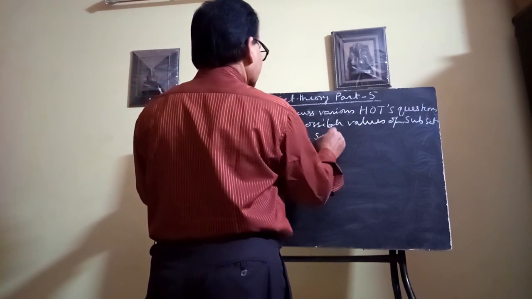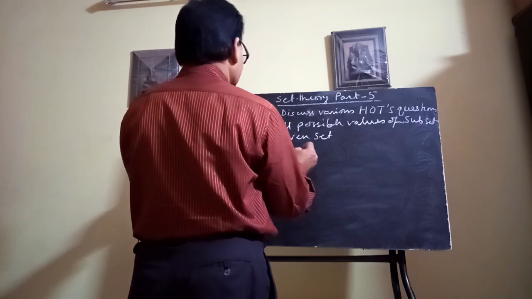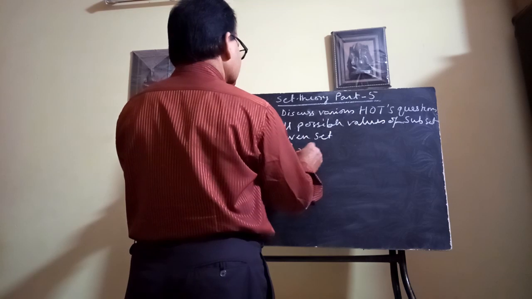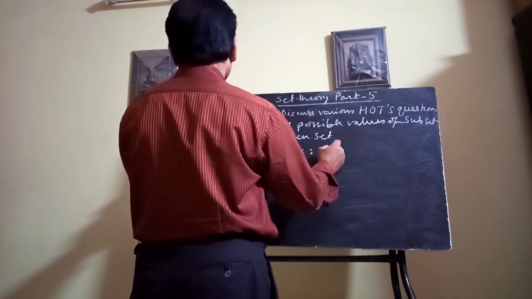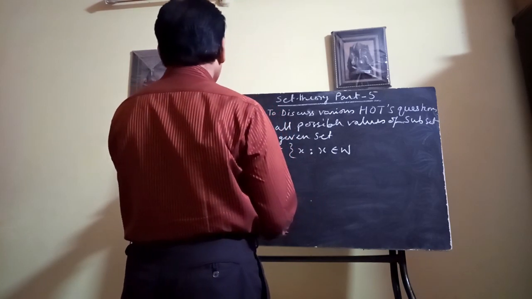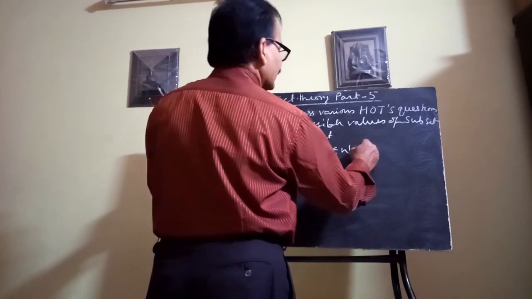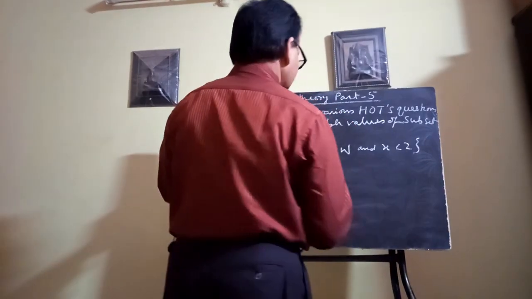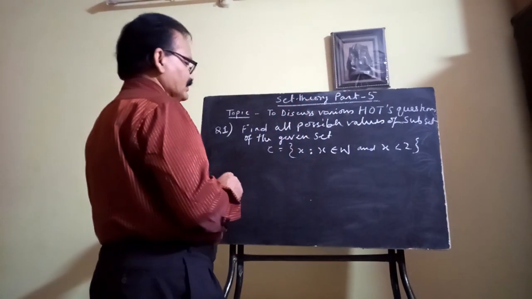Here the given set is C equal to, under curly braces, x such that x belongs to the whole number W and x is less than 2. This much is given.